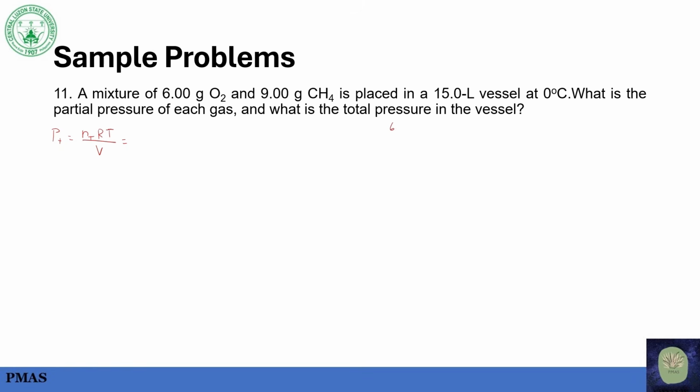So we have 6 grams of oxygen. To convert to mole, we must divide by its molecular weight. So this would be 0.19 moles. And then we have 9.00 grams of CH4.